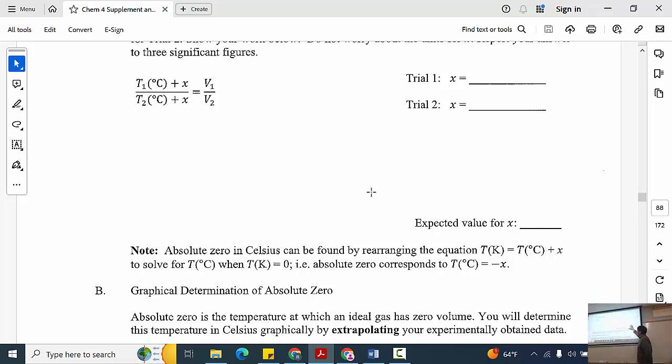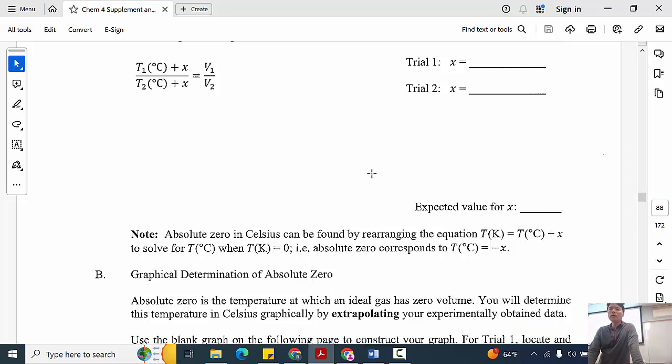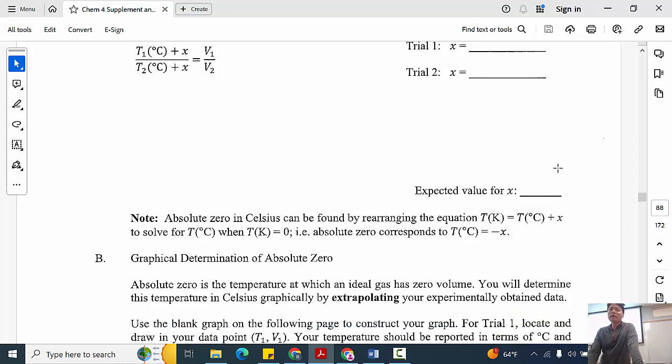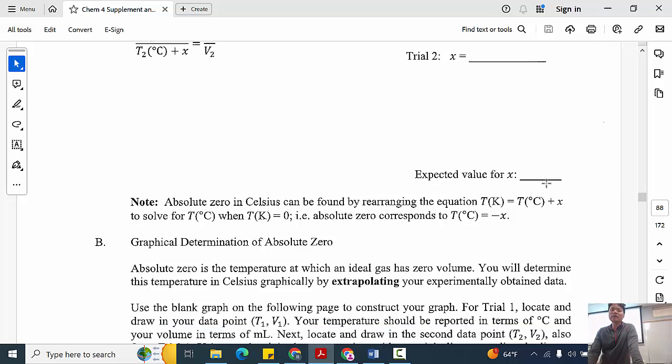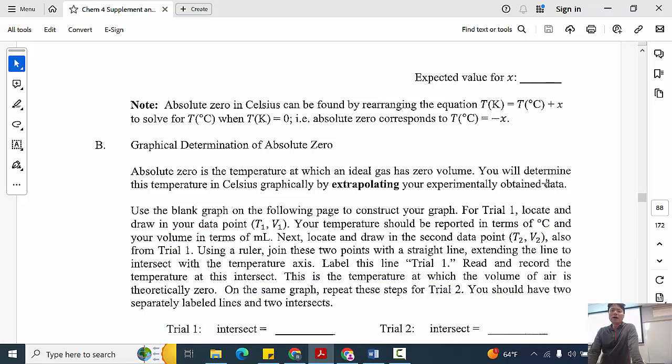That would go here. Right? We expect it to be 273 because that's what we're supposed to correct it by. But let's see how our data aligns with that. We're not going to calculate a percent error. We could do a percent error here, but we're not.